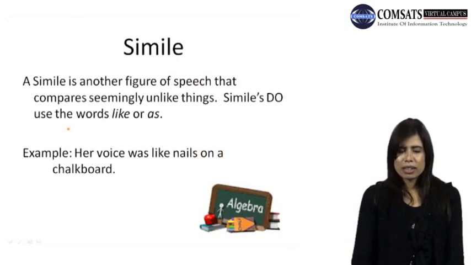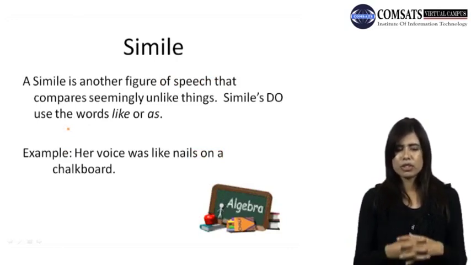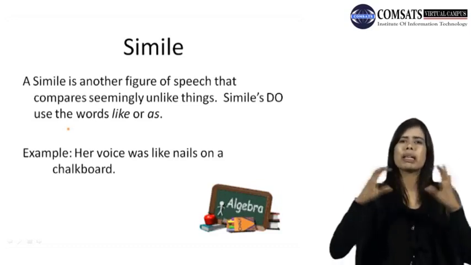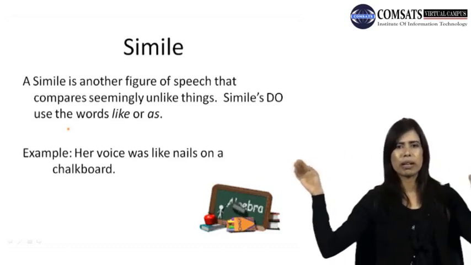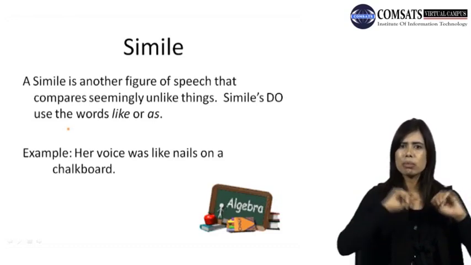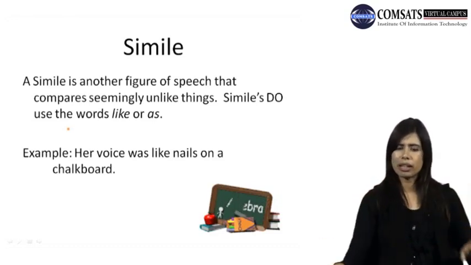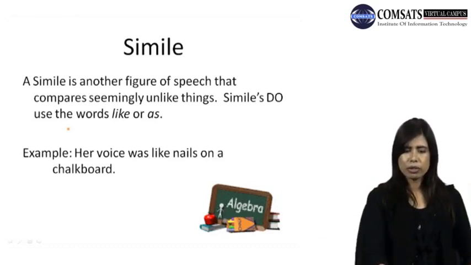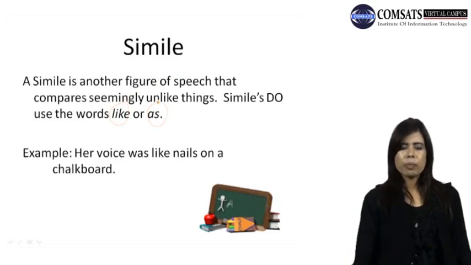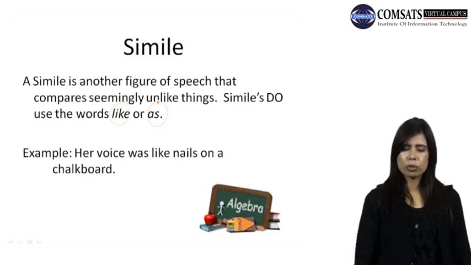Simile. A simile is another figure of speech that compares seemingly unlike things. Similes do use the words like or as. So previously, when we were talking about metaphor, that is the direct comparison. Simile is a kind of indirect comparison, and here in similes we use like or as, fine. So my dear students, her voice was like nails on a chalkboard.